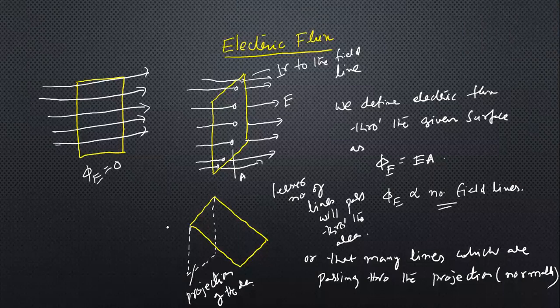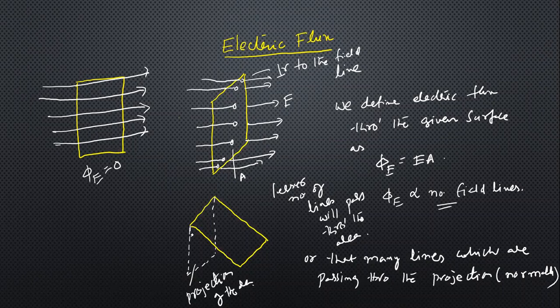I'll draw few, but remember, if this angle was 60, if these lines were 500, for example, now there'll be 250 lines passing. This will be what? A cos 60, this area, or in general, A cos theta, if it is theta.